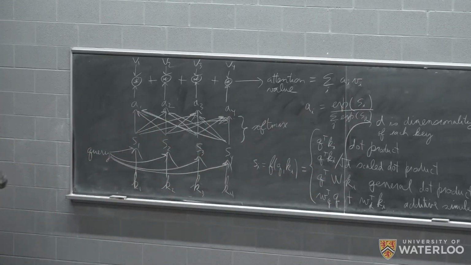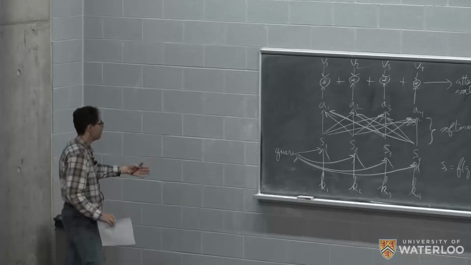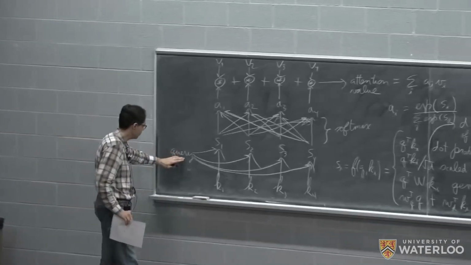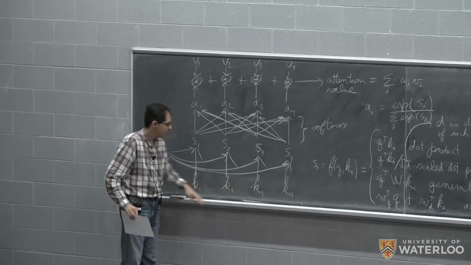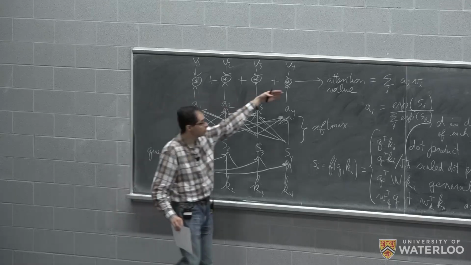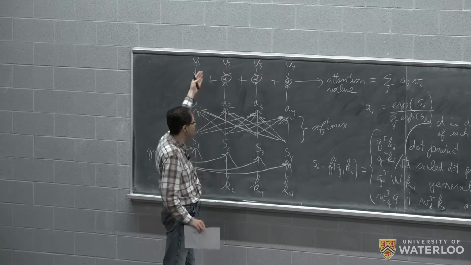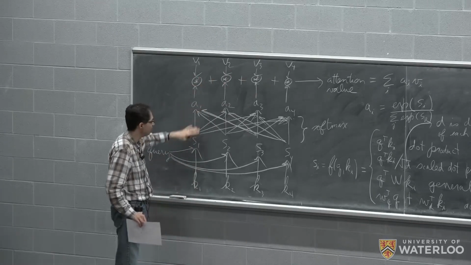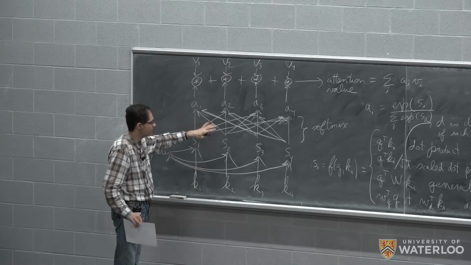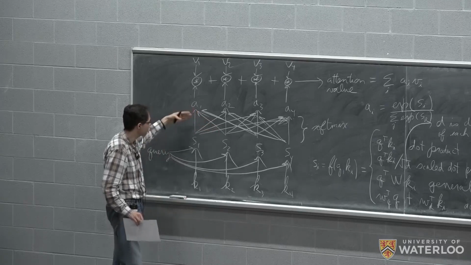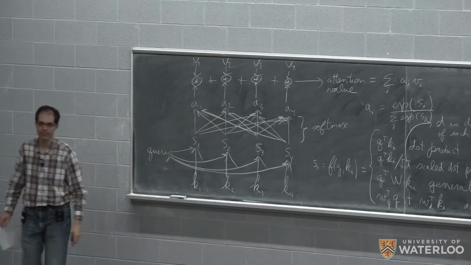So I guess you see this is a general scheme where we have some query, we have some keys, and then we're going to produce an output where the output is really a linear combination of some values where the weights come from some notion of similarity between our query and the keys.